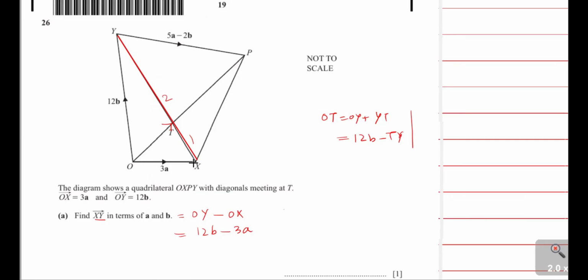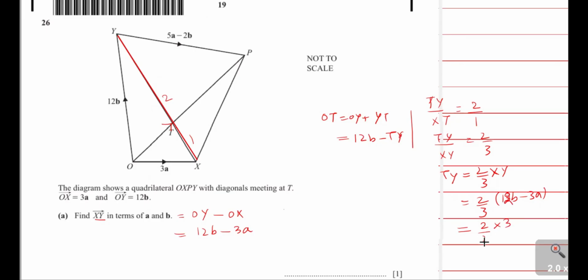And this TY we can calculate by ratio. Look here, the ratio given is XT ratio TY is 1 ratio 2, and TY to XY ratio will be equal to 2 over 3. Therefore, TY equal to 2 over 3 into XY. XY here is 12b minus 3a, and we take the common 3.